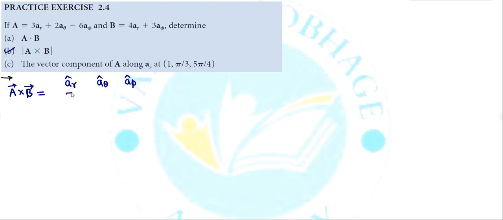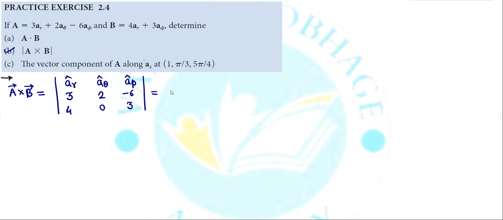For vector A we have 3. For theta we have 2, and for phi direction we have minus 6, and for vector B we have 4 as the component along R direction, 0 along theta direction, and 3 along phi direction. So we just have to take the cross product between these quantities.